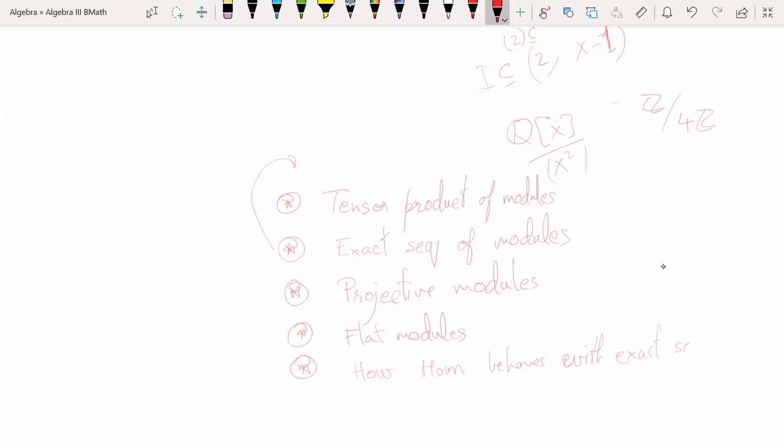All these things are there. Hom is what is called a functor. Anyway, these things are there in Dummit and Foote, and also tensoring with some module.